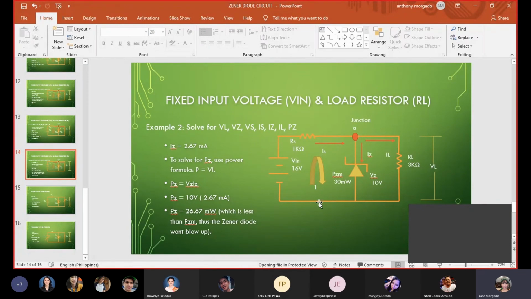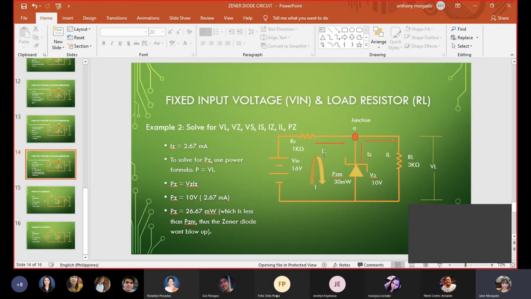So ideally, dapat half lang, half lang dapat ng rating. So kung 26, dapat mga 50 something tong milliwatt mo, di ba? Otherwise, pag masyado ka nang malapit sa rating nito, 30 milliwatt, mainit masyado, it manifests as heat.